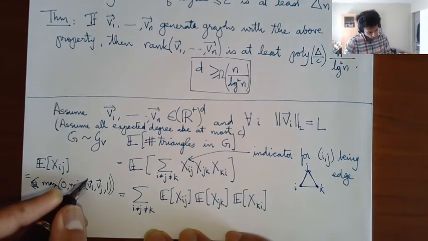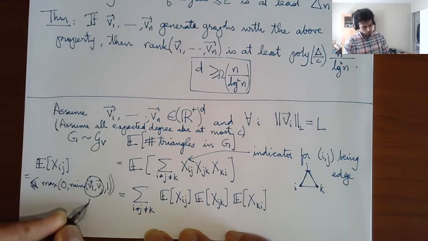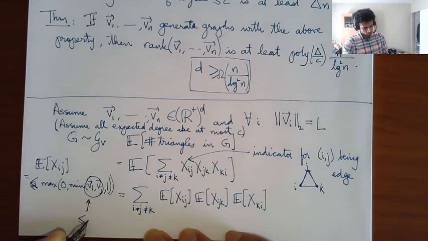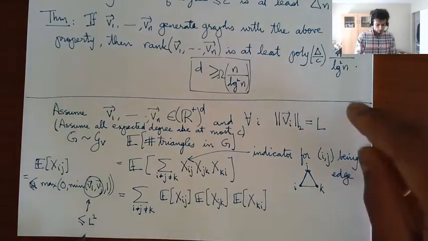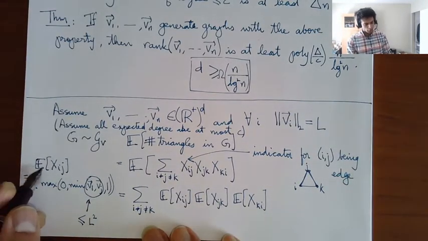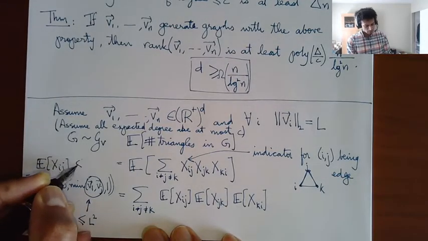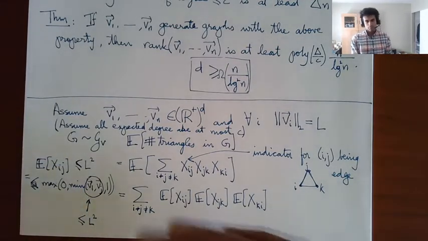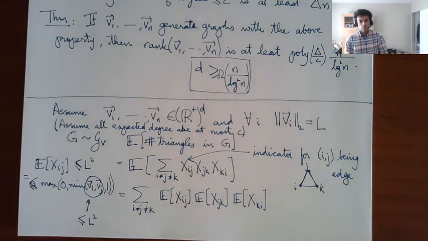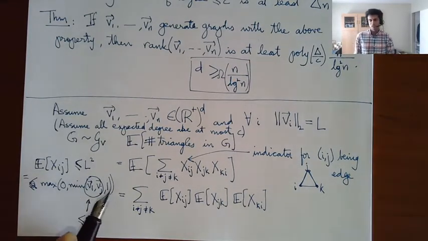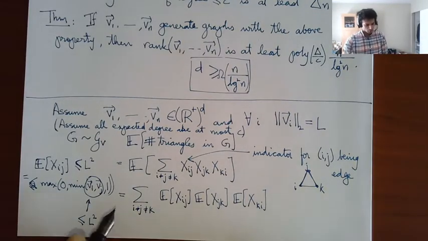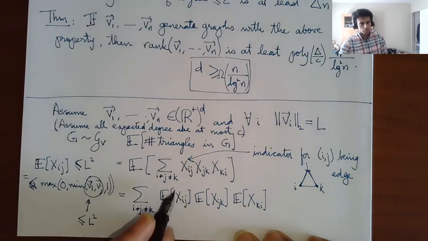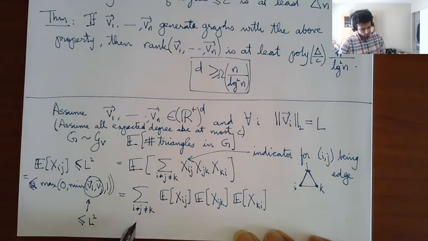By Cauchy-Schwarz, the dot product is at most L squared. Remember, the length might even be less than 1, so we don't know. If the length was more than 1, this is a trivial bound, but when the length is small, this is a non-trivial bound. So I'm just going to bound the first term by Cauchy-Schwarz.